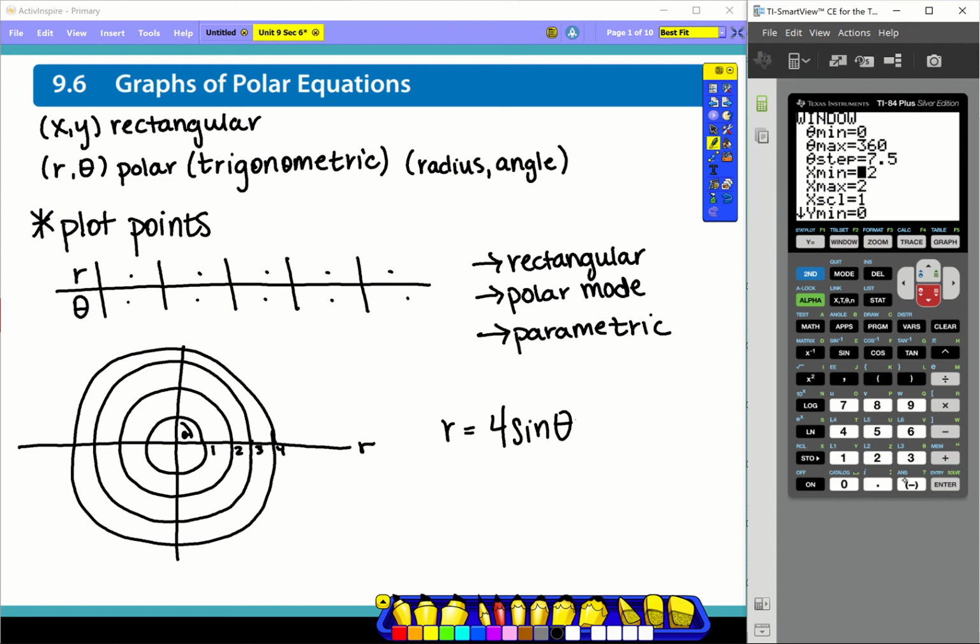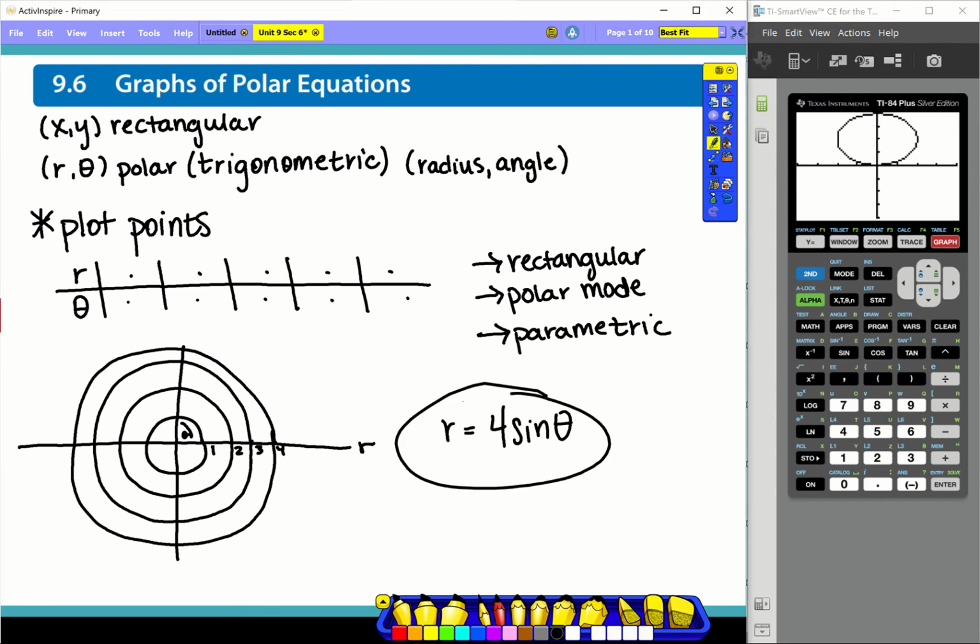The x-min, we'll call that -4. The y-max, we'll call that 4. The scale, we'll just do everything -4. See what that looks like. Scale is 1, graph. Oh, still ovally. That's okay. This is how you would graph something in a calculator if I've given you this.